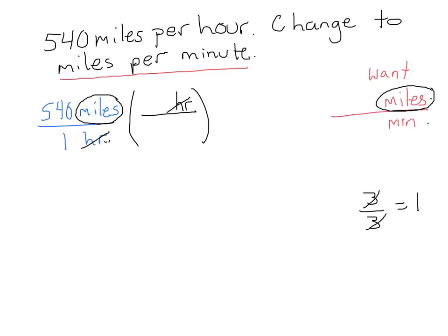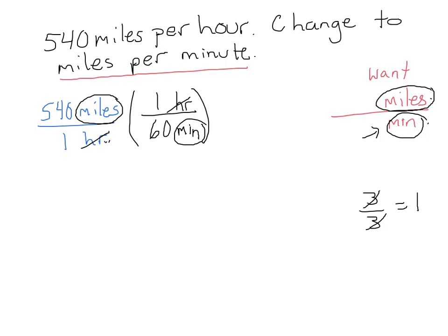What do we know about hours as it relates to, hopefully, minutes? I know that 1 hour is equivalent to 60 minutes. And so this is a great conversion factor for time. 1 hour is the same as 60 minutes. And by golly, we want minutes in our final answer.